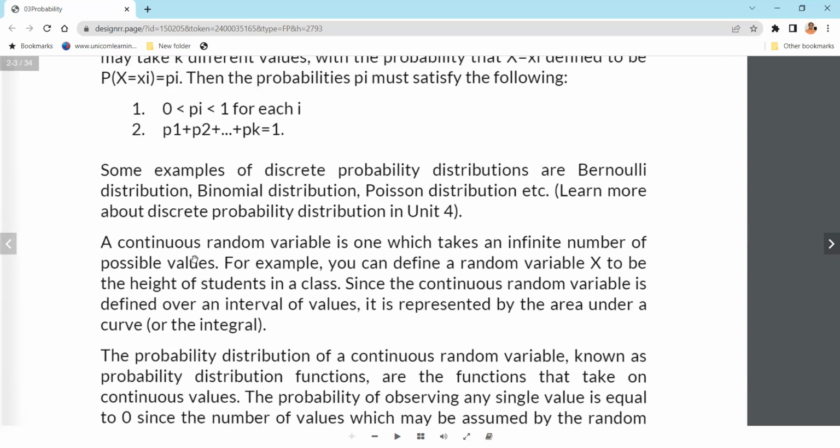Now, the probability distribution of a continuous random variable. We spoke about discrete probability and continuous probability. What is discrete and continuous probability? Discrete numbers means a finite set of numbers. Irrational numbers, an infinite set of numbers, are continuous. Weight, for example. You cannot have a limited number of weights.